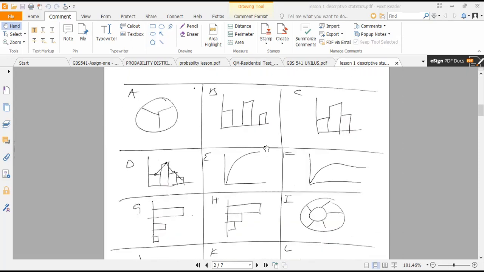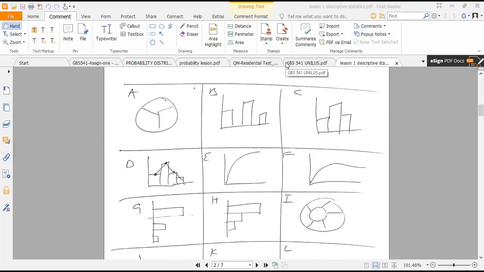Can you remember what is pictogram A? Anyone? What is A? What is B? What is C? At least we need to understand where we're coming from. What is pictogram A?